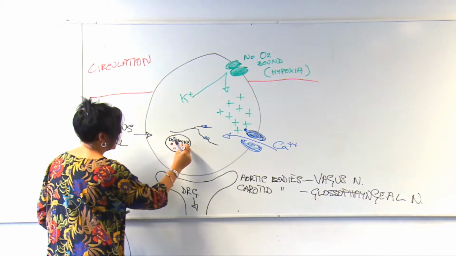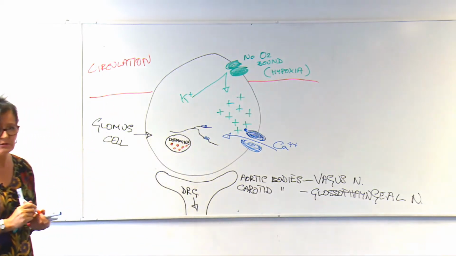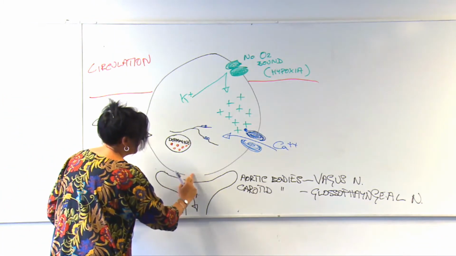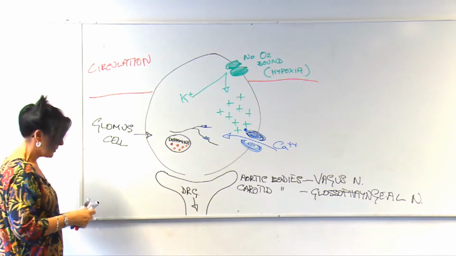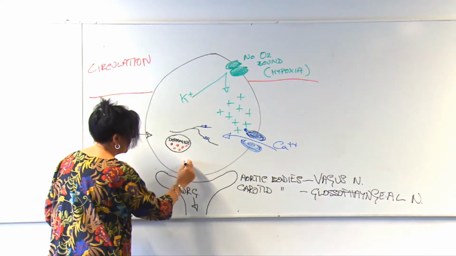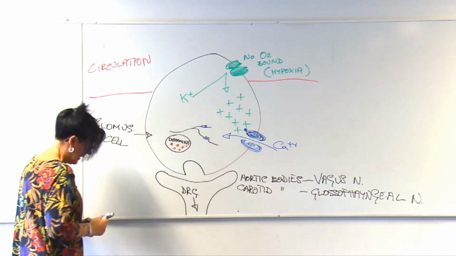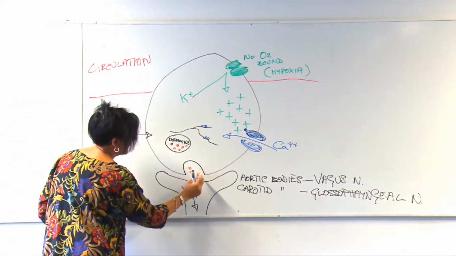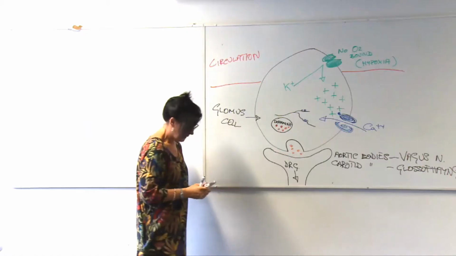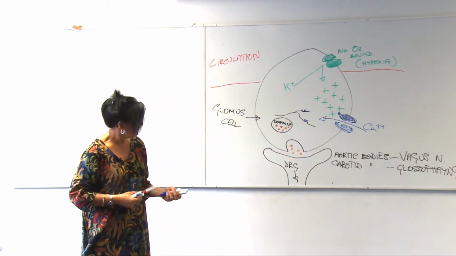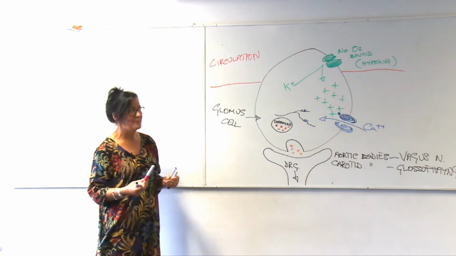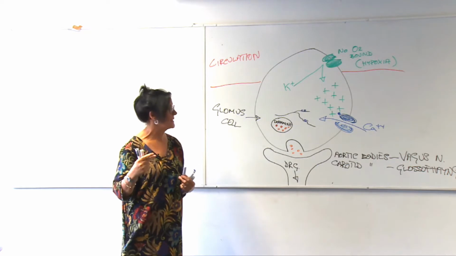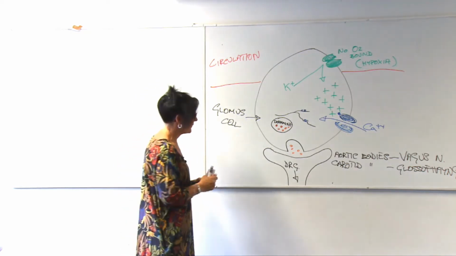So the cytoskeleton moves these vesicles to the presynaptic membrane, and we get exocytosis of dopamine into that synaptic cleft. Like most postsynaptic membranes, we have ligand-gated or chemically gated sodium channels.